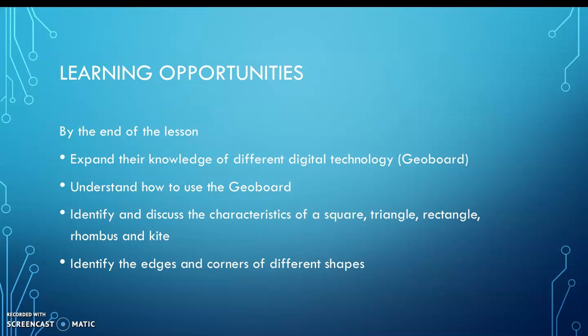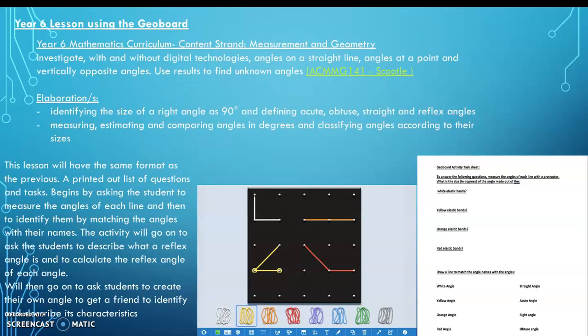The learning opportunities for this lesson is by the end of the lesson, the students will expand their knowledge of different digital technology, in this regard the geoboard, understand how to use the geoboard, identify and discuss the characteristics of a square, triangle, rectangle, rhombus and kite, and identify the edges and corners of different shapes. So this completes the elaborations of the content descriptor.